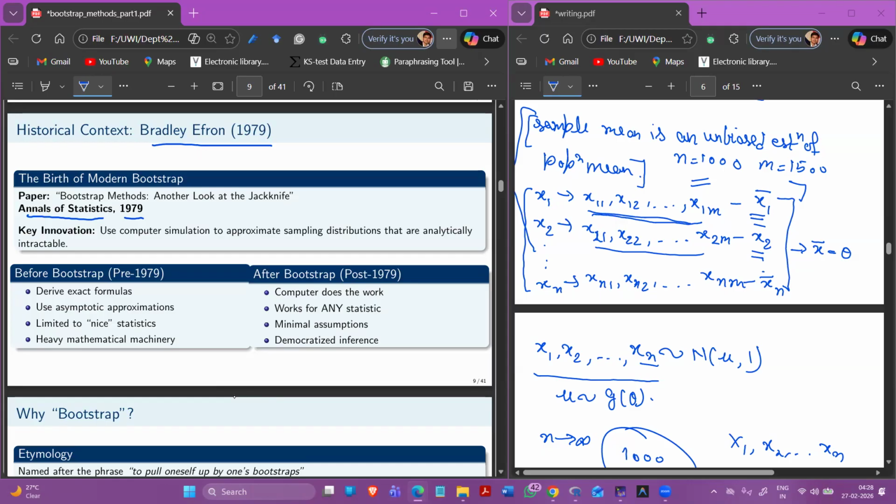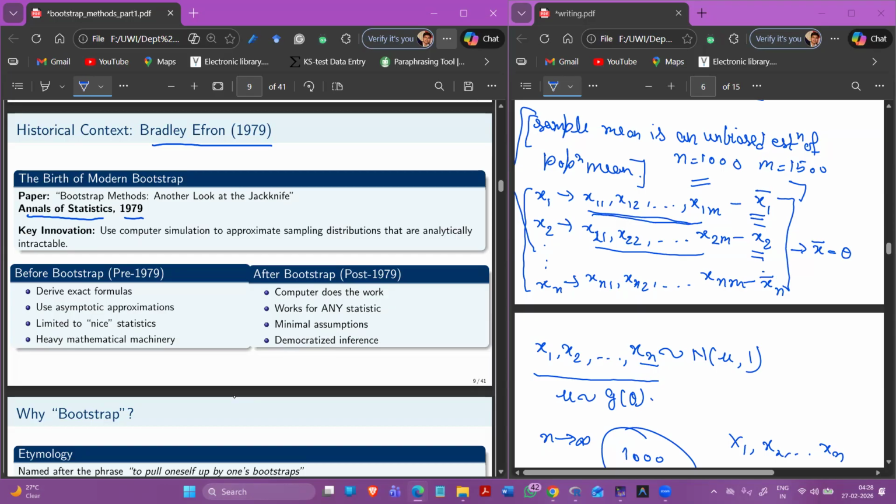So what is the key innovation they described? Use computer simulation to approximate sampling distributions that are analytically intractable. Before this work, statisticians relied heavily on exact probability theory, meaning we should know the distribution of the sample properly.